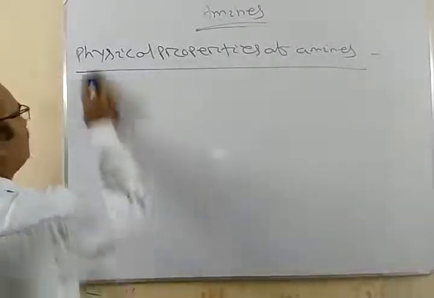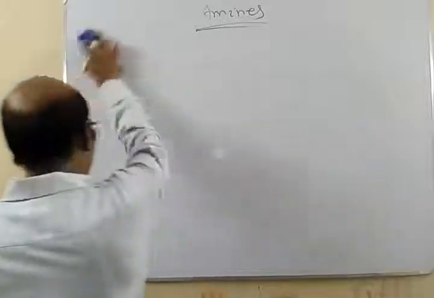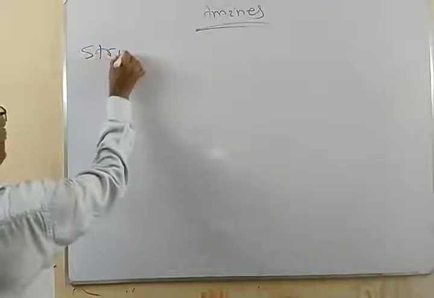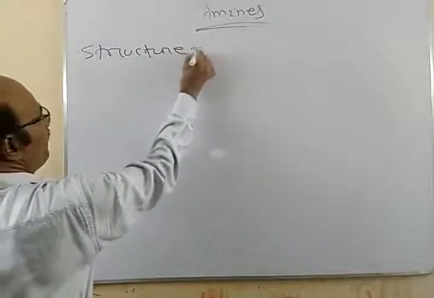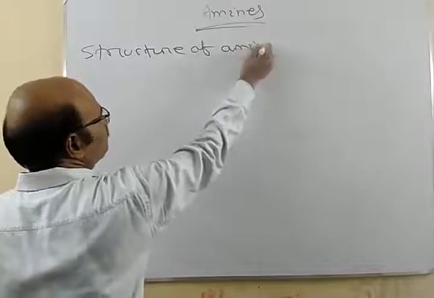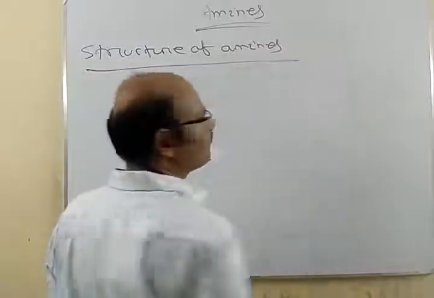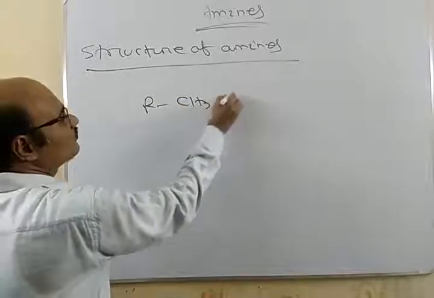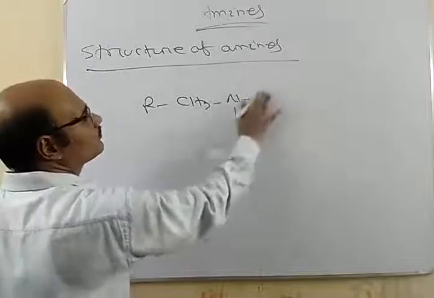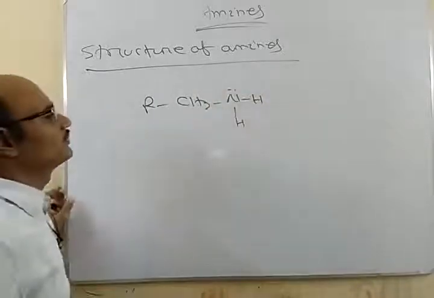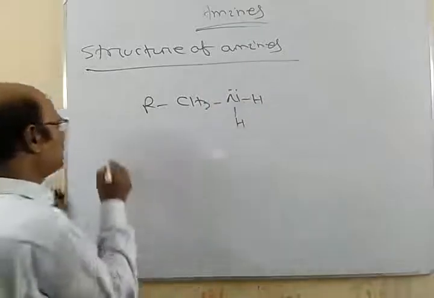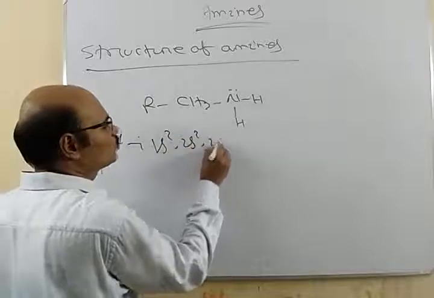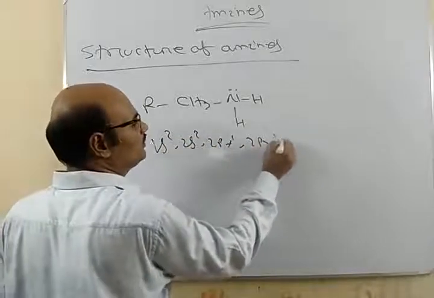Now we discuss the structure of amines. See, if I have R-CH2-NH2, the nitrogen atom has atomic number 7: 1s2, 2s2, 2px1, 2py1, 2pz1.